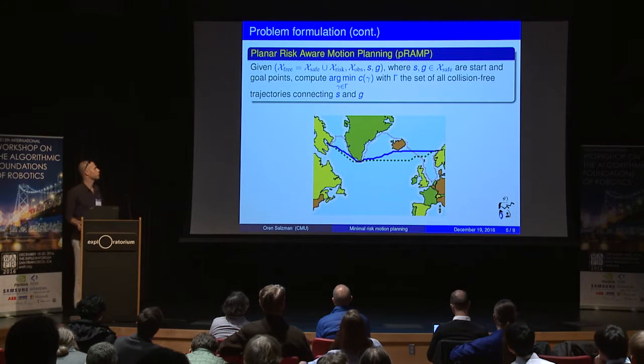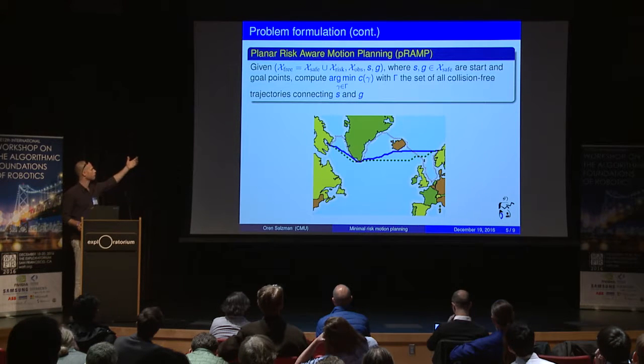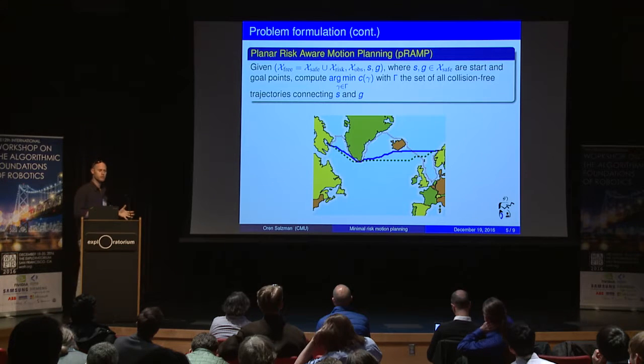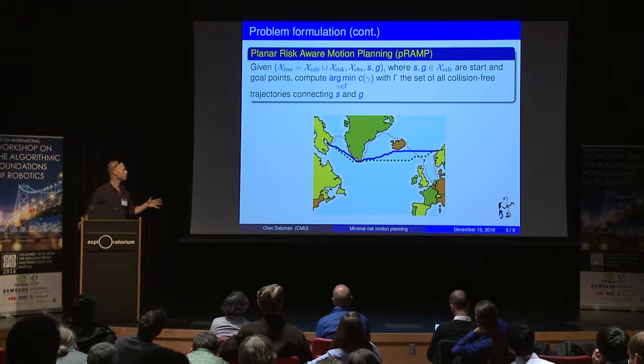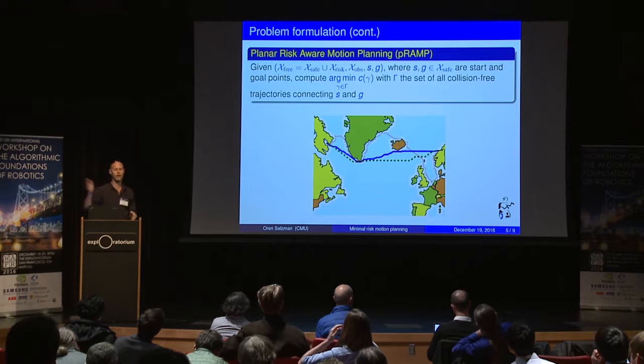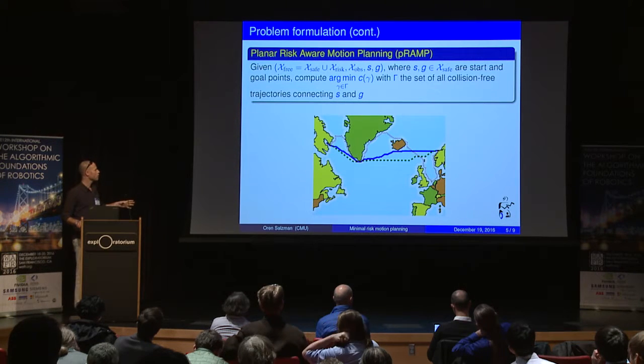So now we can formally define the problem. We're given free space, which constitutes a safe region and a risk region, and some obstacle region. We want to plan a path between a source and a goal. And I'm only interested here in planning in the plane. So if you go to higher dimension, obviously this is a generalization of the motion planning problem, and it's hard.